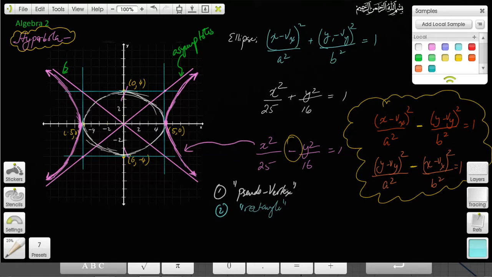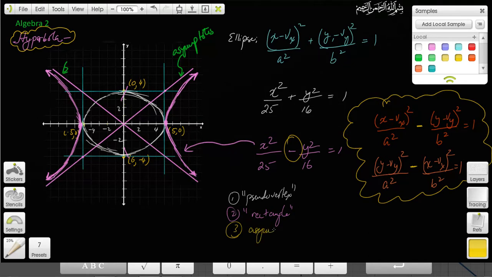That's going to give you the corners that you're going to need to construct the asymptotes. And once you have done the asymptotes, you just plot the hyperbola.